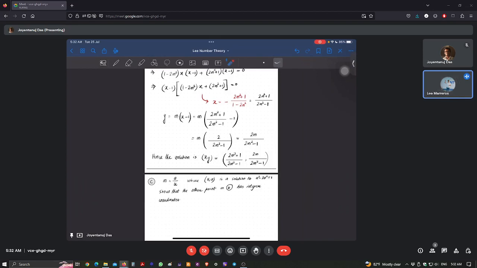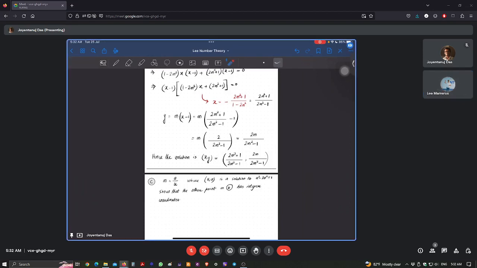An integer solution would be something that is a rational number, but it is not of the form of a fraction. Means it has to be an integer.